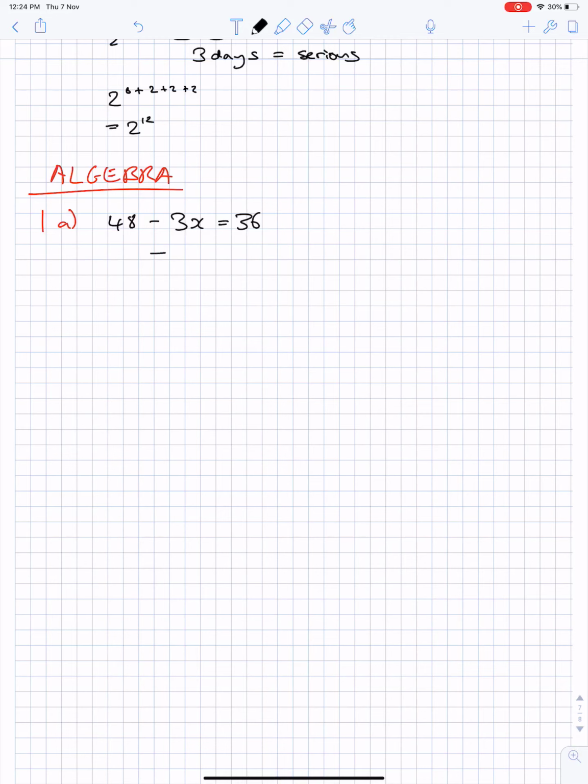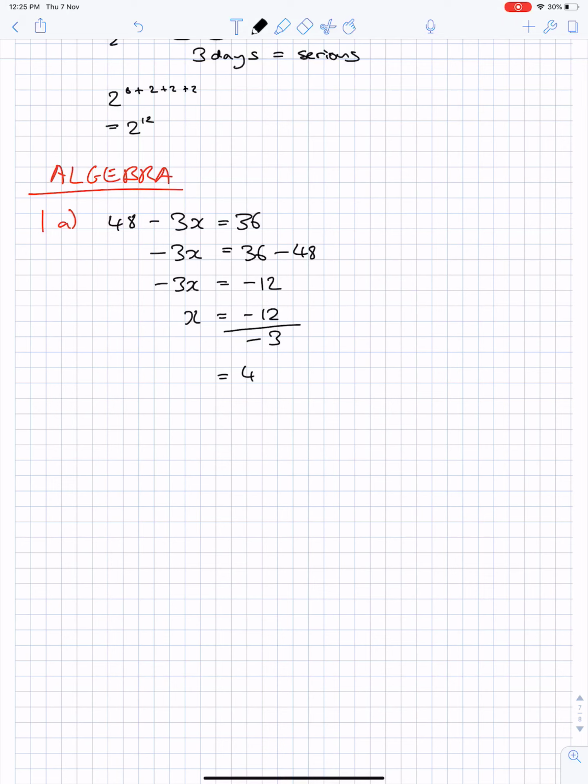So you got negative 3x equals 36 minus 48. So negative 3x equals negative 12, x equals negative 12 divided by negative 3, which equals 4.